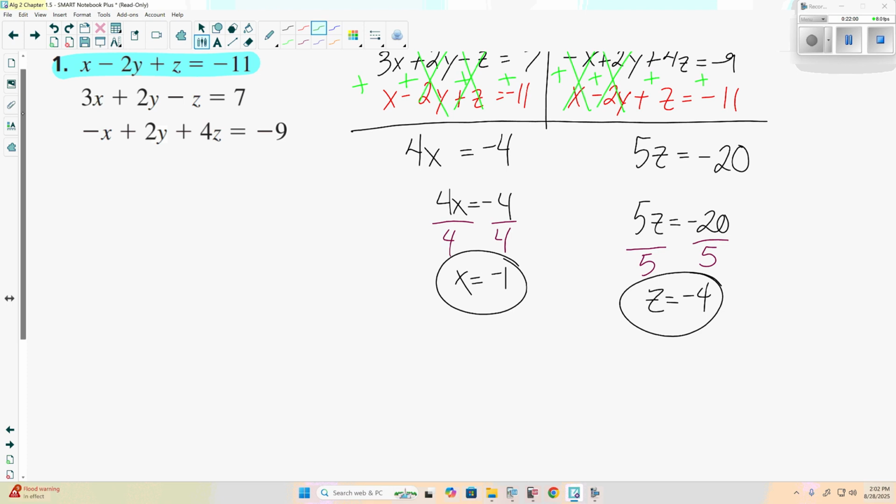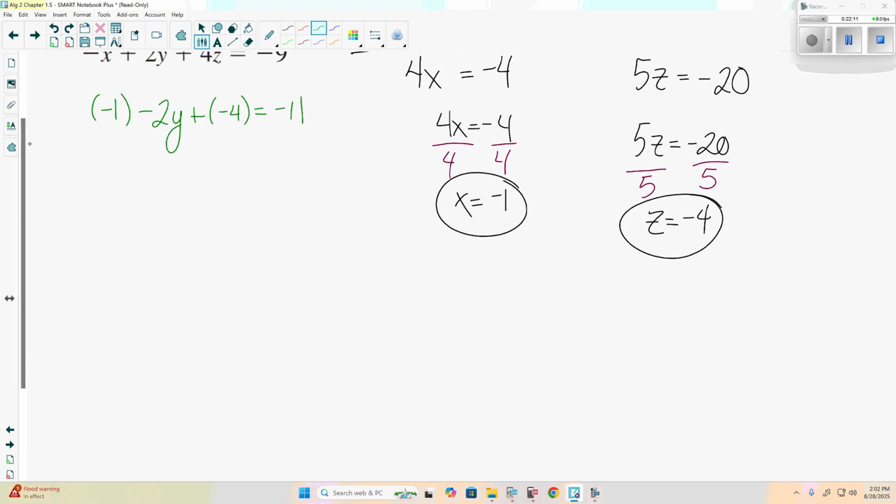Which one? Top. So we plug -1 in for x, -2y, plus -4 for z. So we plug x and z back in. We're going to solve for y. So we can drop the parentheses. It will tell us -1 minus 2y minus 4 is equal to -11. -1 minus 4, we need -5.